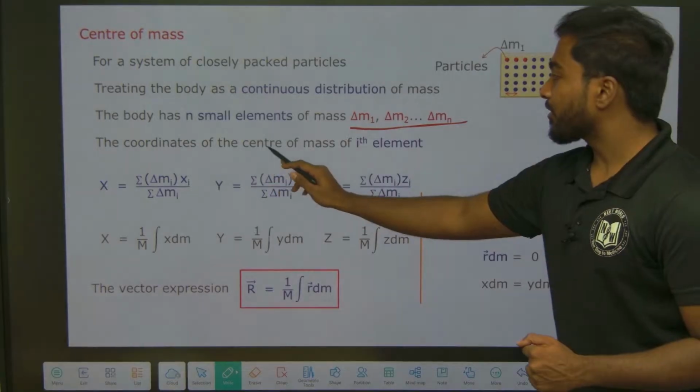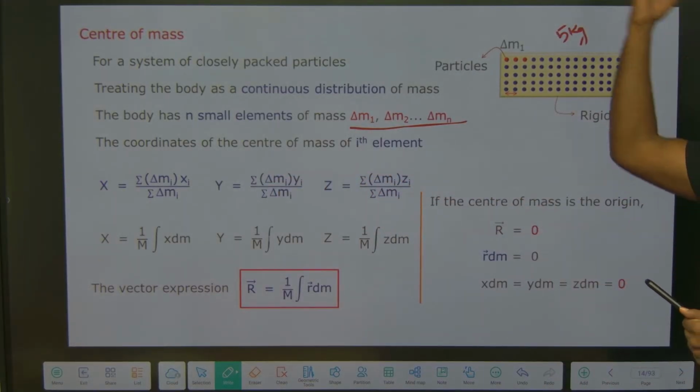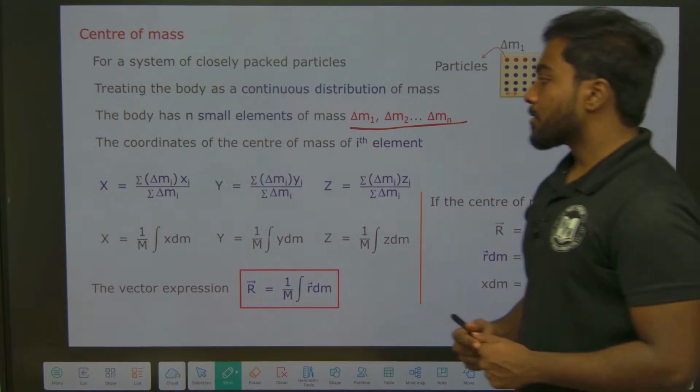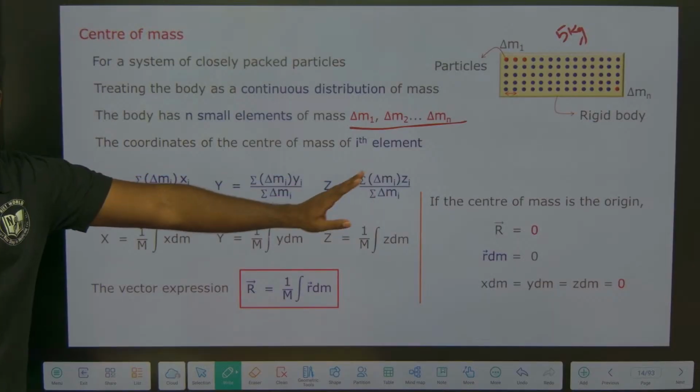The coordinates of the center of mass for the ith element, the ith element in the sense the nth element we are talking about. The same thing: x center of mass, y center of mass and z center of mass.